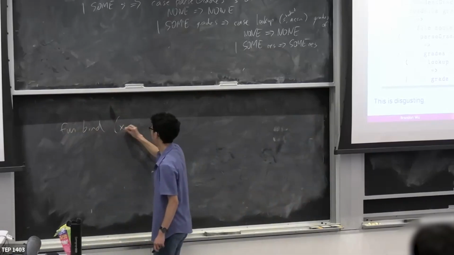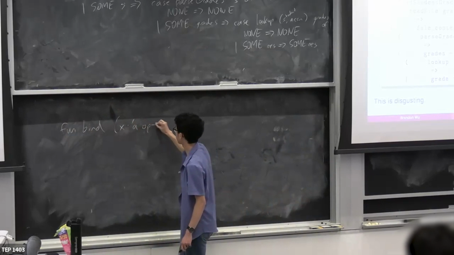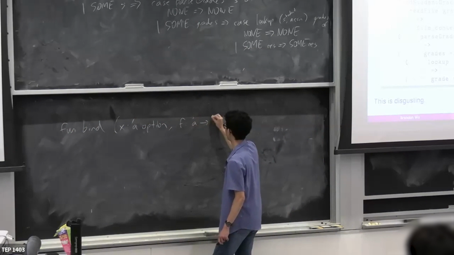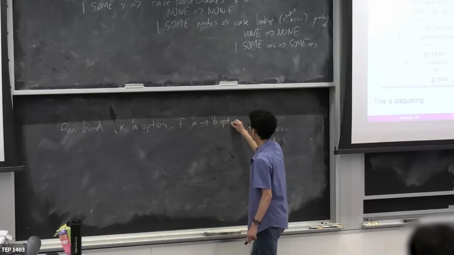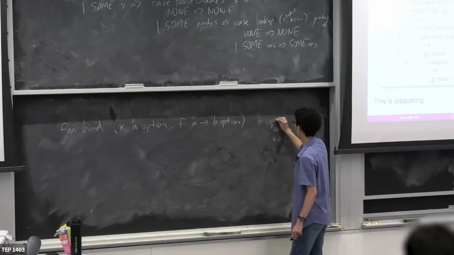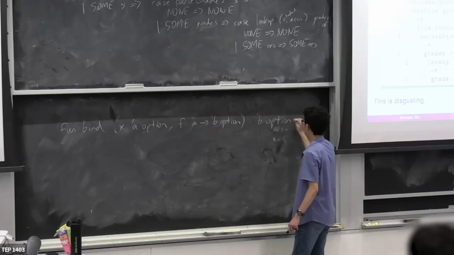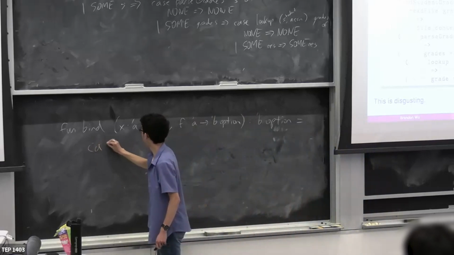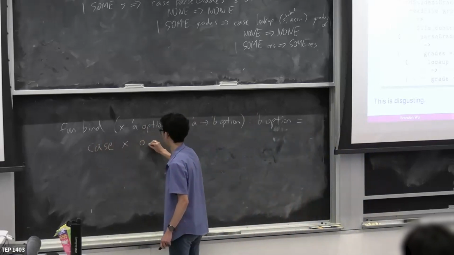Fun bind, which takes in an alpha option, and it takes in a function of type alpha to beta option. And it returns to us a beta option. All right, this is just the type signature for bind, okay? And what I'm going to do is it's going to do this. I'm given an alpha option, so I'm going to case on it.